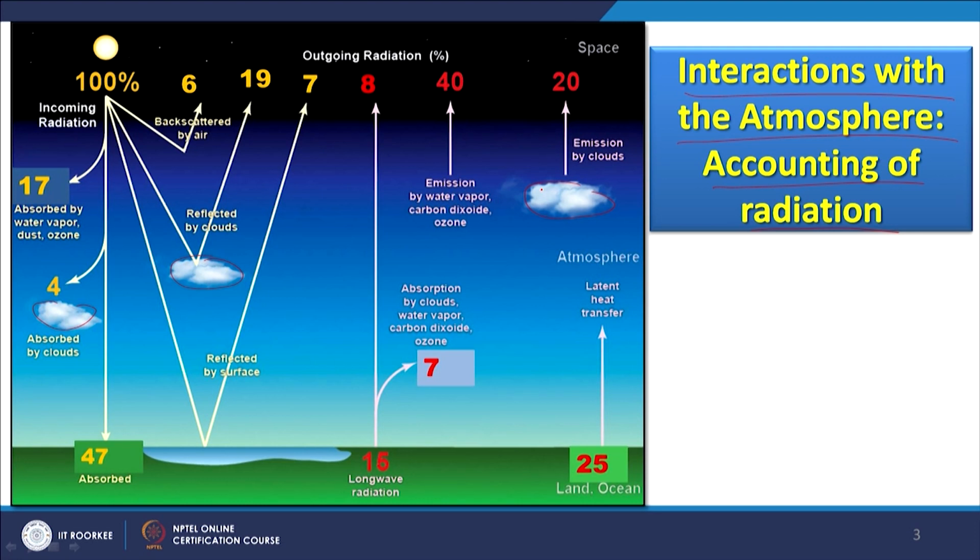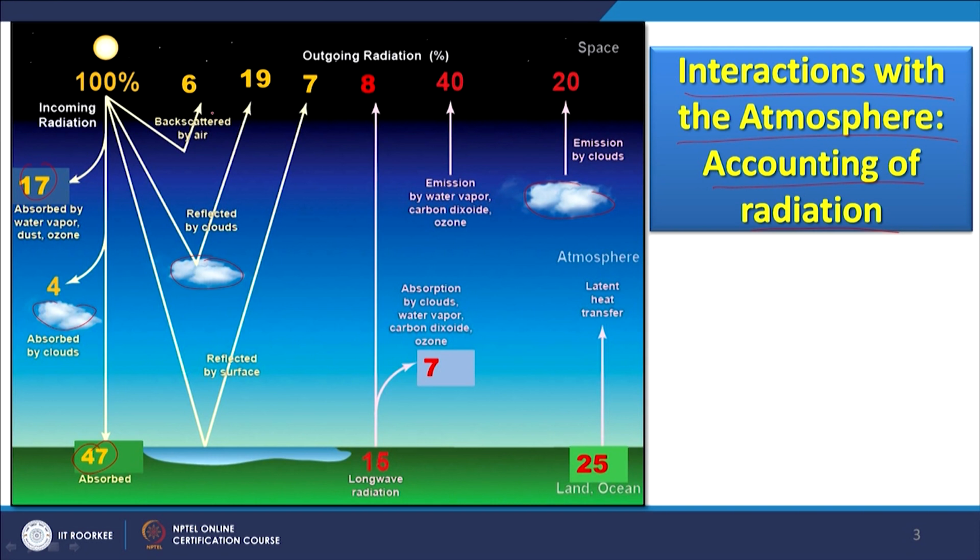As we know, if we count 100% incoming solar radiation, then 47% of that is absorbed by the earth, and 17% is absorbed by the water vapor within the atmosphere. 4% is absorbed by the cloud, and these are just rough estimates; the atmosphere is a very dynamic thing, so things keep changing, but on average.